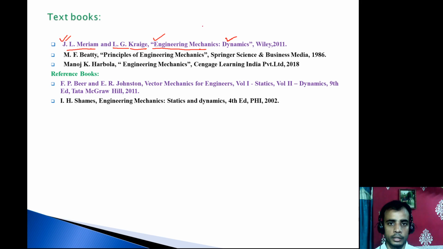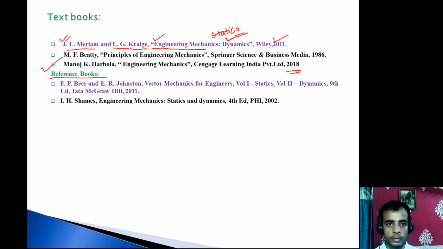You also have the statics part for this. Okay, Wiley publications. Then you have M.A. Beatty, Principles of Engineering Mechanics. Okay, then Manoj K. Harbola. This is a newly published book, Engineering Mechanics. Okay, you can buy this book also.